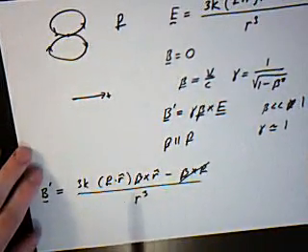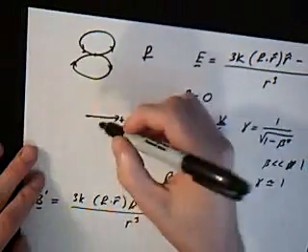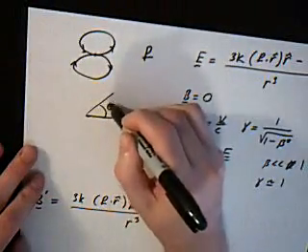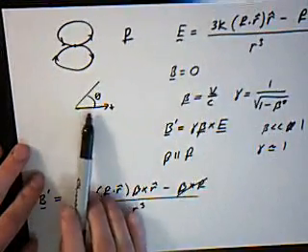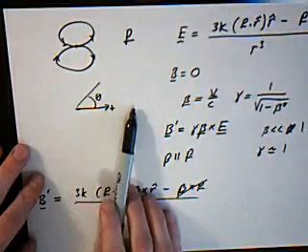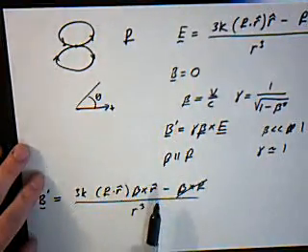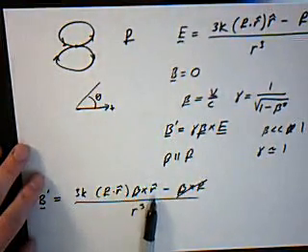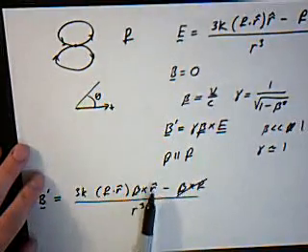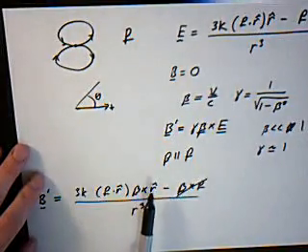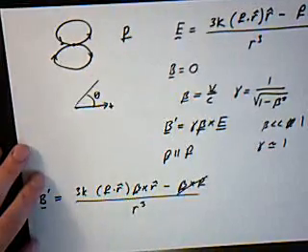And I'm going to define an angle, theta, which is the angle between the direction of motion and my position vector, which is where r hat is pointing to, so that this cross product becomes beta sine theta.